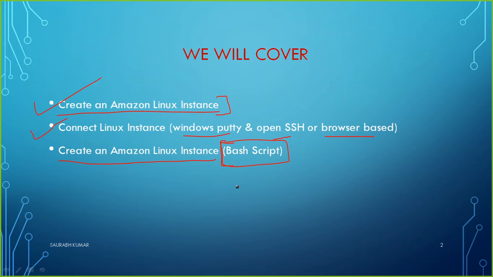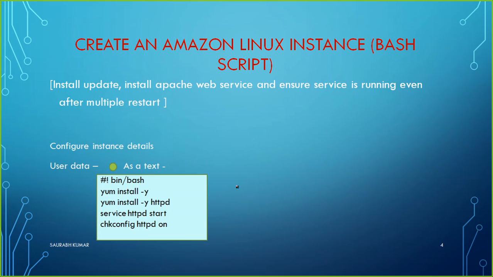Let me explain exactly what we are going to do. For example, you want to create an Amazon Linux instance where the condition is that you want updates already installed. Maybe you want the instance to automatically have the up-to-date updates. Then maybe you want to install a specific service there.